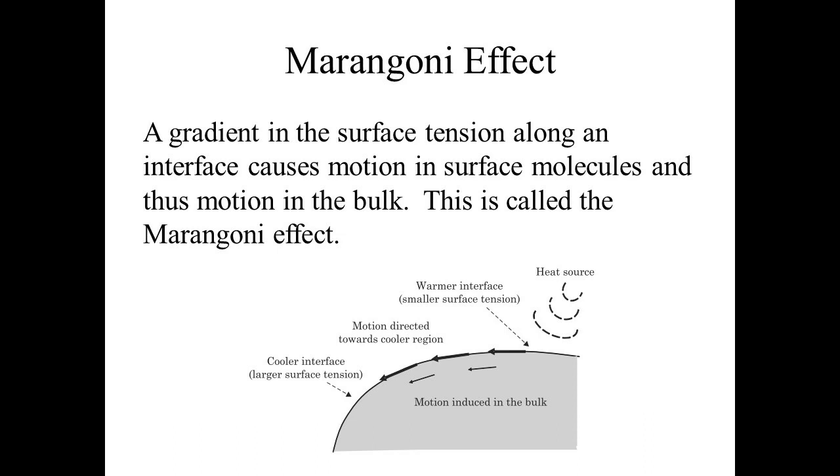Slide number 17 shows the Marangoni effect. A gradient in the surface tension along an interface causes motion in surface molecules and thus motion in the bulk. This is called the Marangoni effect. You can see that the heat source will heat the molecules, and this creates a motion, where the direction is from the smaller surface tension to the larger surface tension.